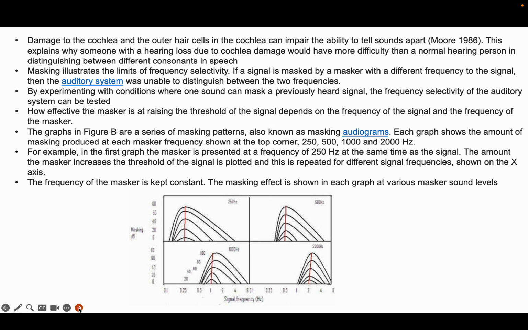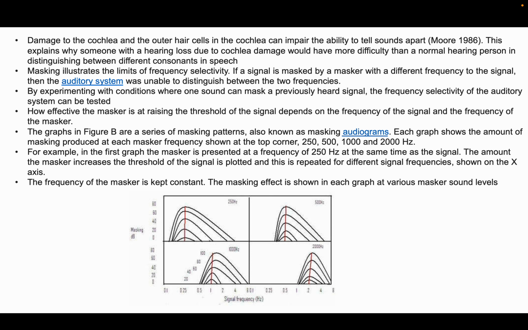So these graphs shown on this page basically illustrate this concept for different frequencies. So you see this upper right one has a frequency of 250 hertz, and that's your masker, which has the same frequency as the signal. The amount the masker increases the threshold of the signal is plotted, repeated for different signal frequencies.